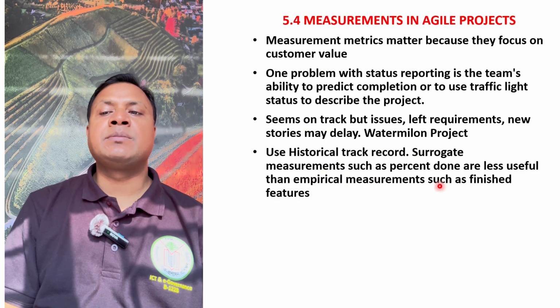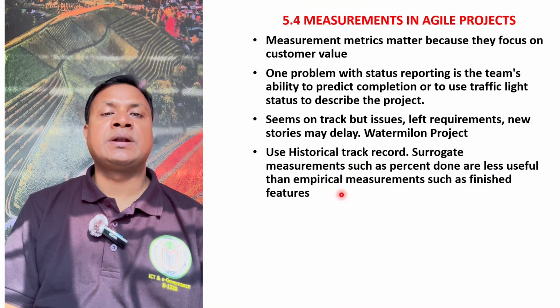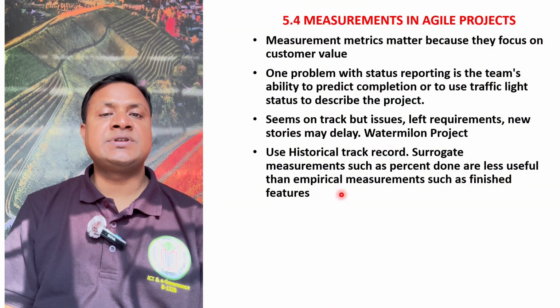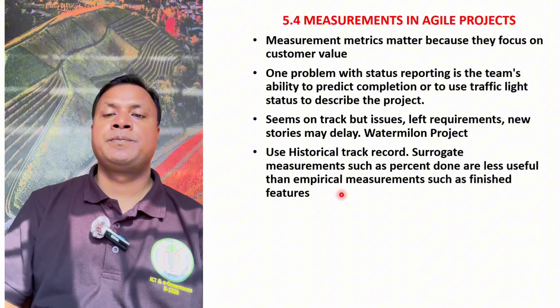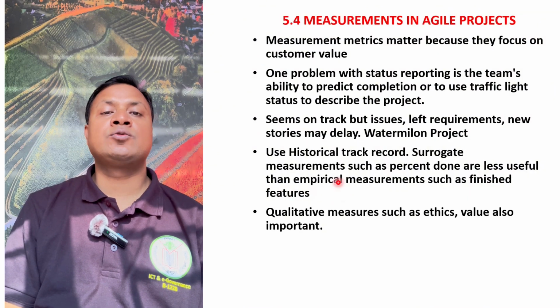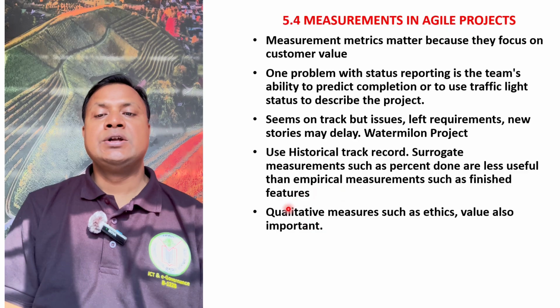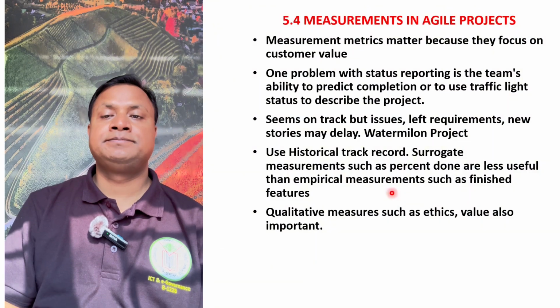So empirical measurement such as finished feature is the better measurement metric, because if we have already delivered the same feature, we can use that. We know what happened before, because each feature is different. Each iteration will be different in the agile approach. So qualitative measures such as ethics, value are also important in agile metrics measurement.